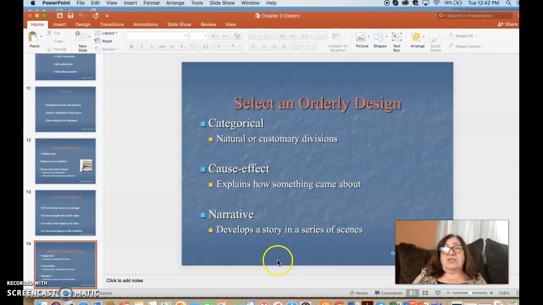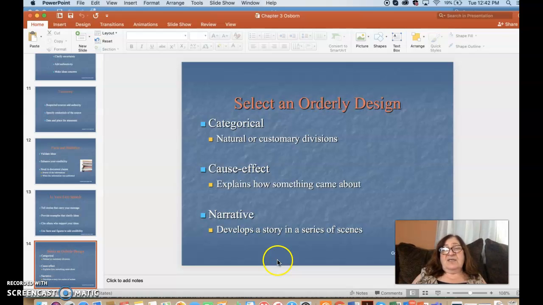I would suggest reading this part from your textbook because it would also illustrate, but it is categorical, cause, effect, and narrative. So the categorical is the natural or customary division, in categories of things. The cause and effect is bringing up the logical sequences of what if we develop this vaccine and then what will happen.